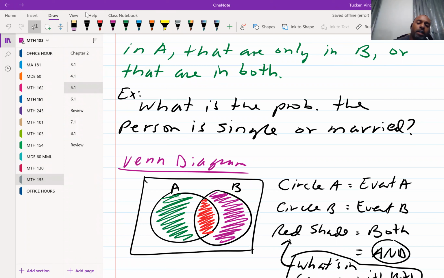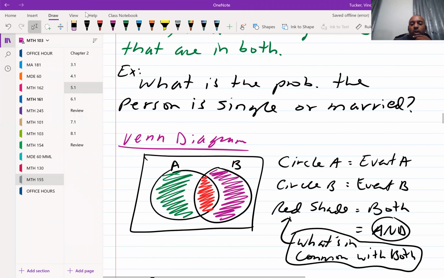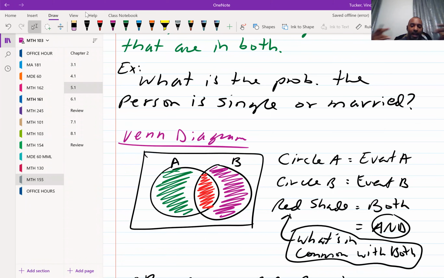So they gave you a Venn diagram just to give you an idea as to how this thing works. You let circle A represent event A, circle B represent event B. When you talk about the part that they have in common, the "and," that would be that red shading. That's what's in common with both.